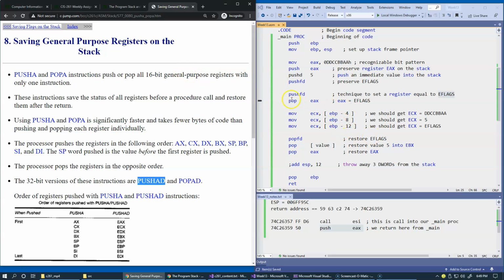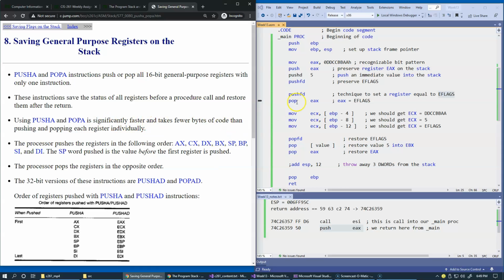Again, why would you do this? Well, because there is a very limited number of these registers, and sometimes you need to load them with all sorts of addresses in memory and values used in computation. So you run out of registers, and your choice is then to preserve them and use them again.